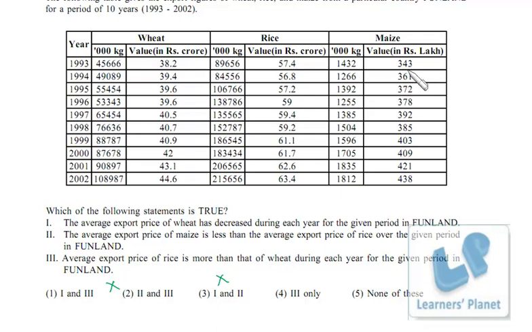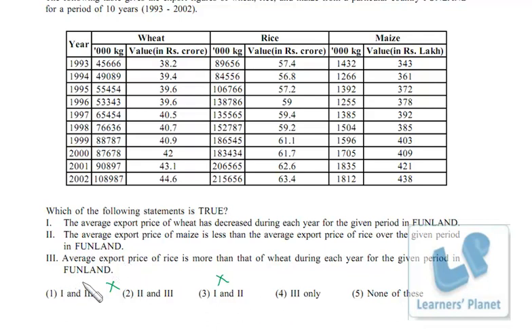Here the values are 3.43 crore, 3.73 crore. If I take any of these examples, the value is almost 19 times, but 1432 and 89656 is much more than 19 times, right? So the price of maize is in fact more. So that is also wrong. So the first and second are both wrong.